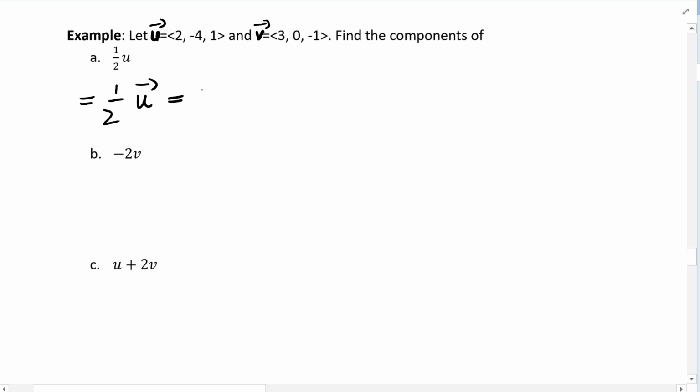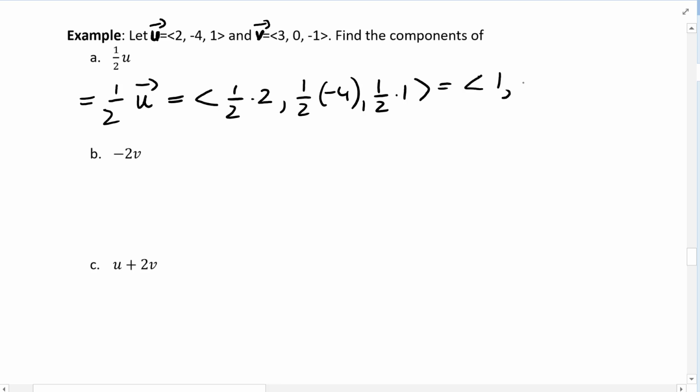So we will have to multiply 1/2 with each component. So we get 1, negative 2, and 1/2. It's half of the vector u.